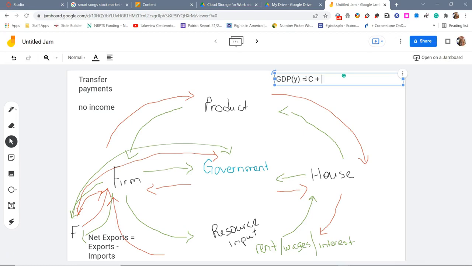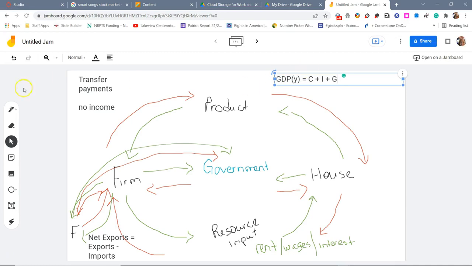All right, so they have to do something. So they do spend. I like to say a business instead of I, it's easier to see the difference. So C is consumers, us. I is the firms. And then we've got governments. Government buys everything too. They even buy resources.